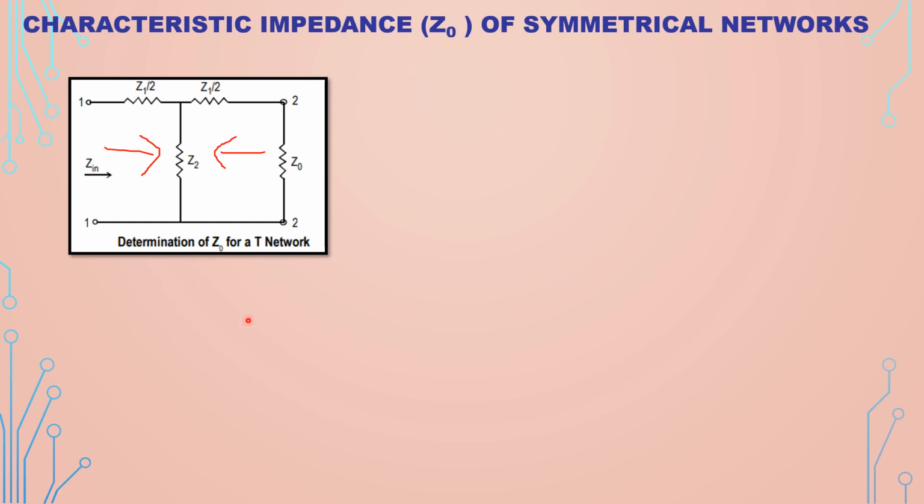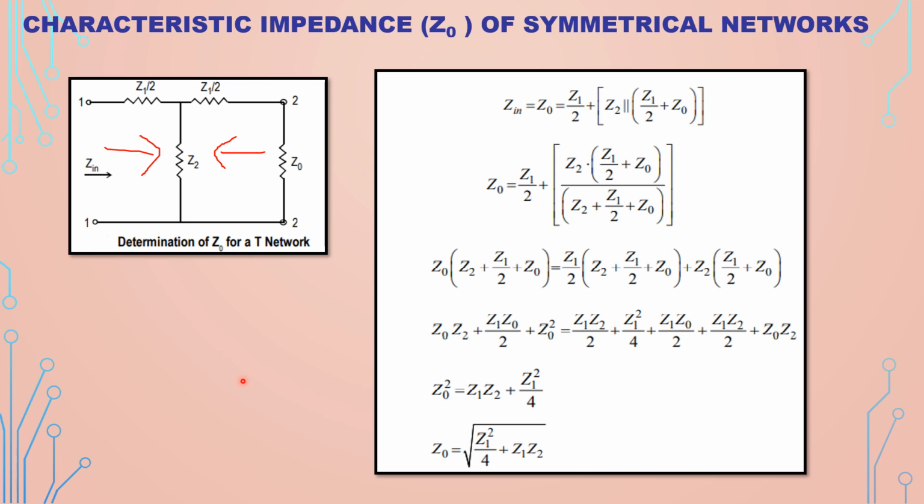Now in this slide we are going to study the characteristic impedance of a symmetrical network. When you look into this T network, the example shown here is a symmetrical T network. We are going to find out the input impedance. For a symmetrical network, if the load impedance is Z0, then the input impedance is also Z0.